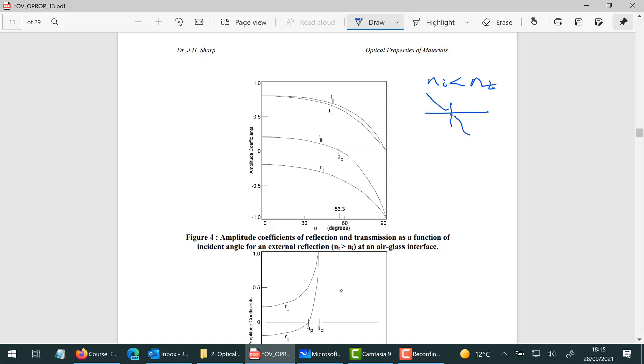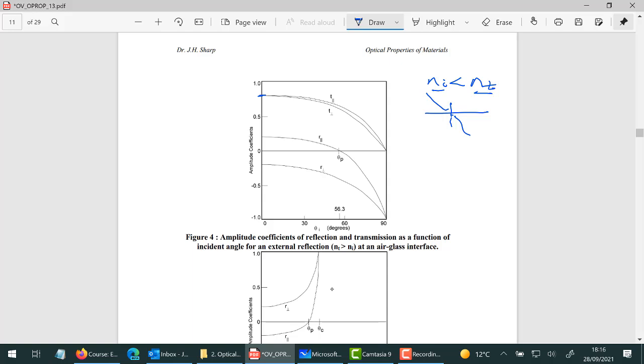So you can see the transmission starts off at some value there. That's about maybe 0.8 or something. And that depends on the difference in refractive indexes. It depends on the value of Ni and the value of Nt.